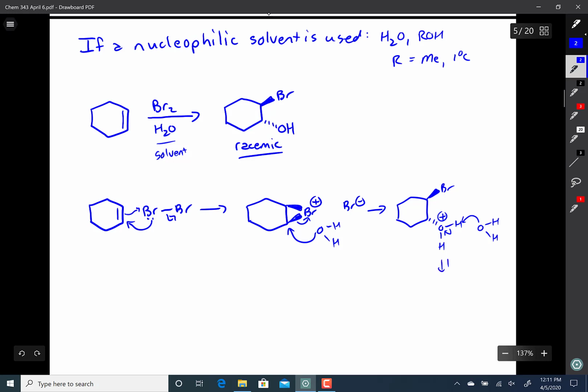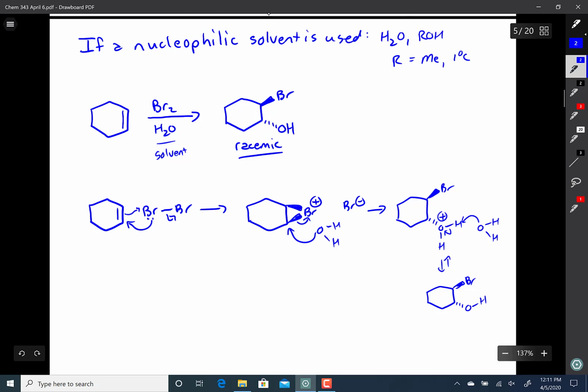And water comes back and takes that proton off. Now water takes that proton off rather than Br- because water is a much stronger base than Br- is. If you had Br- take it off, I'd accept it. But really, water is the likely candidate.